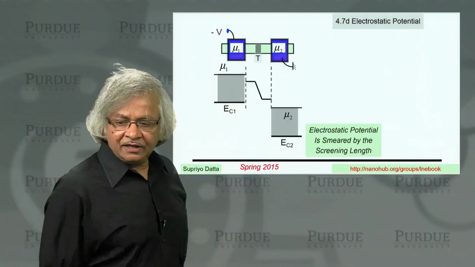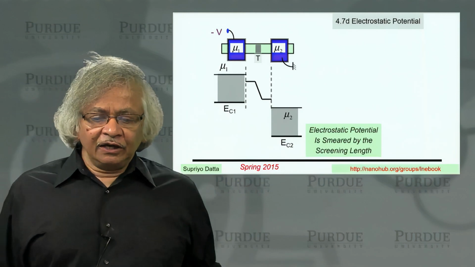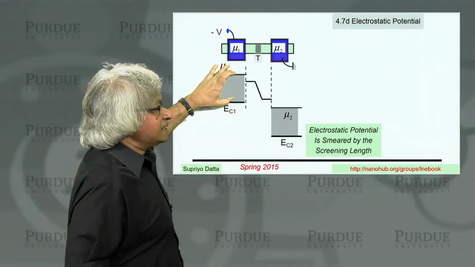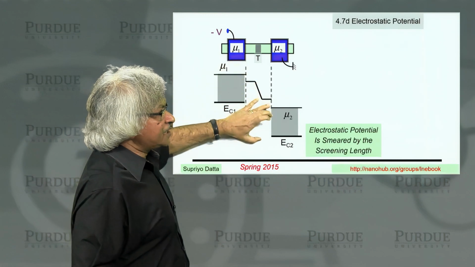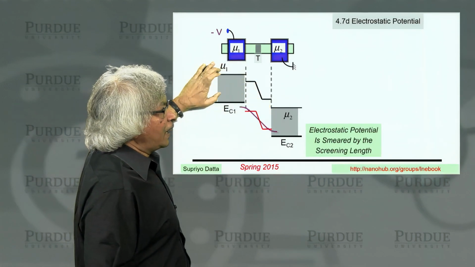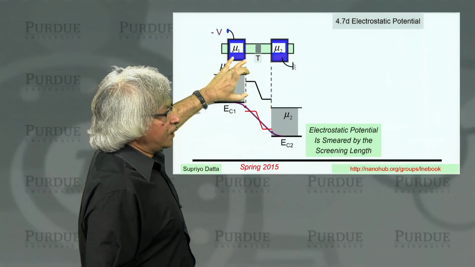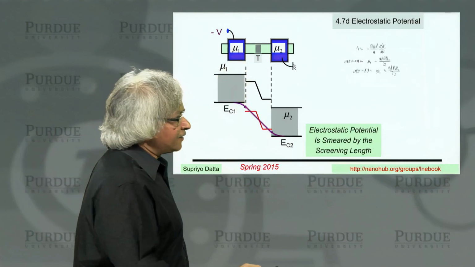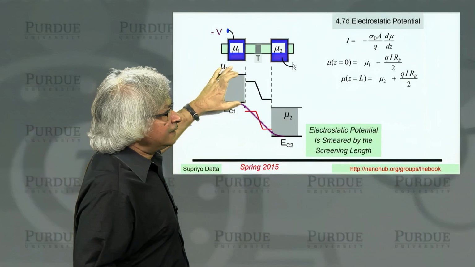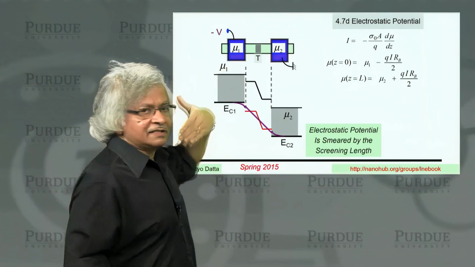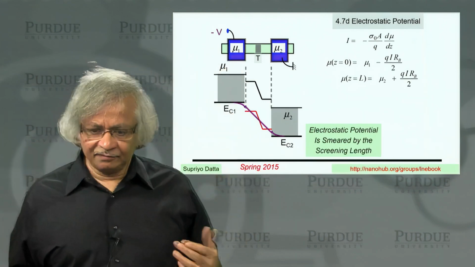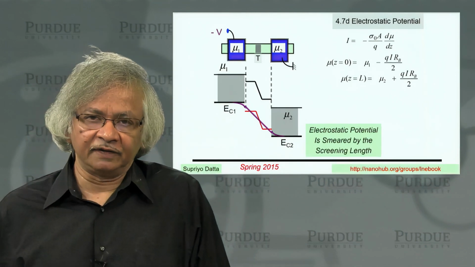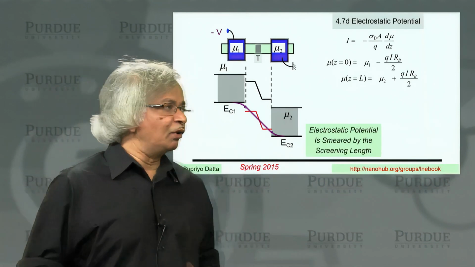Now, why do you look at this instead of the electrostatic potential then? Why don't we just always look at this electrochemical potential? The answer is that it requires additional concepts, because conceptually electrochemical potential is a little harder to define, and so requires more discussion.